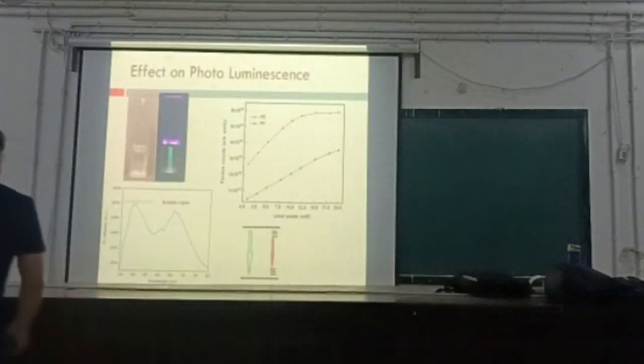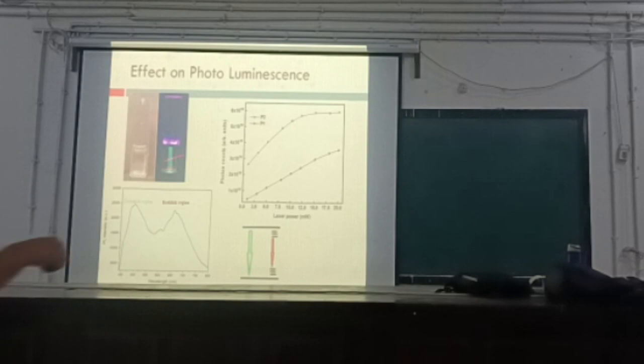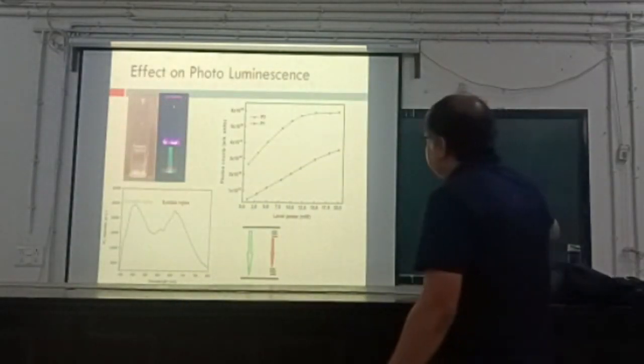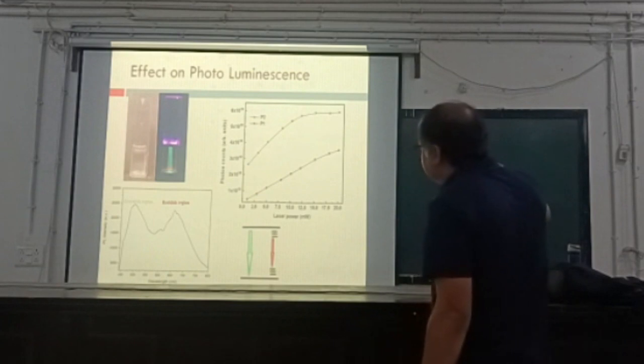And let me show you one interesting result from two of my PhD students. Normally, this is a sample that contains silicon nanocrystals, seen with a tube light. And here we are shining the same sample with a UV torch.